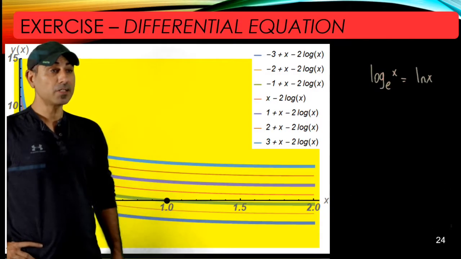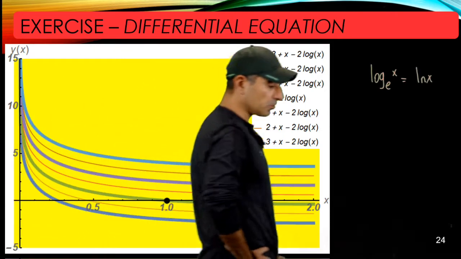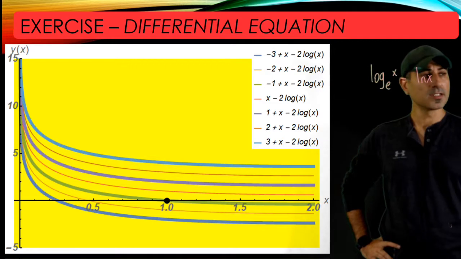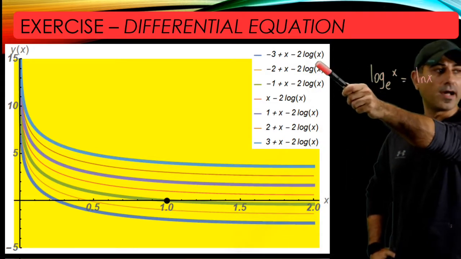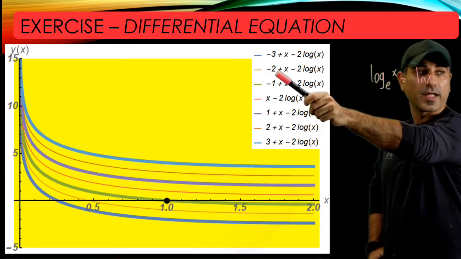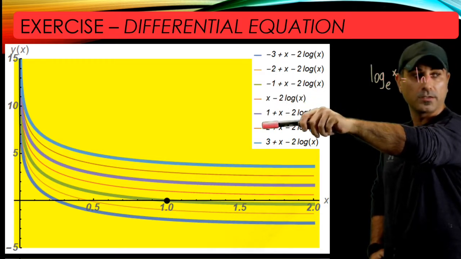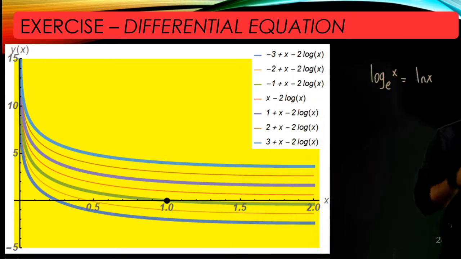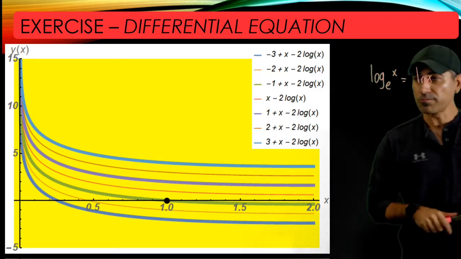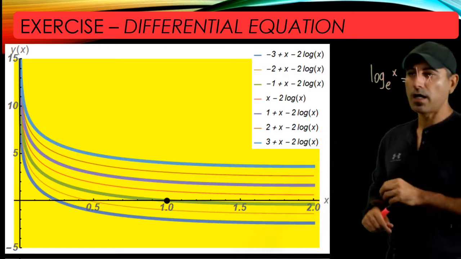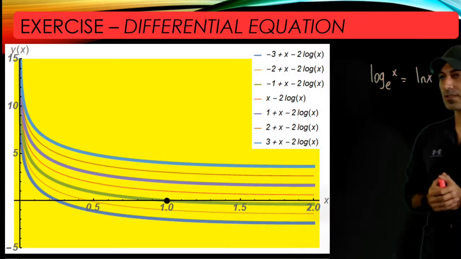This is the graphical outlook of the general solution for particular choices of arbitrary constants. In one case you have c equal to -3, and in another case -2, -1, 0, 1, 2, and 3. In fact, the question was asking to plot only 3 of them, but I just wanted to show you a good spectrum of solutions for different choices of c's.